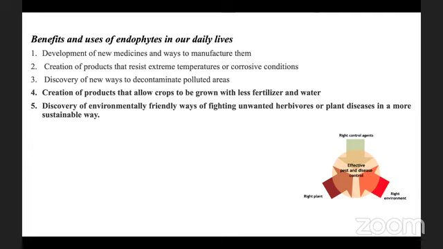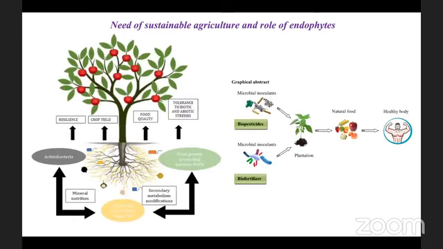So we have to control the usage of fertilizers and pesticides to the least extent, or we have to completely eradicate them, so that we can grow healthy plants as well as healthy food, and we can ultimately live a good and healthy life.